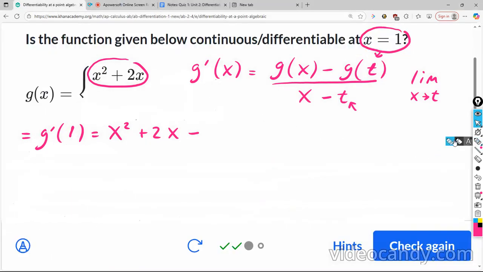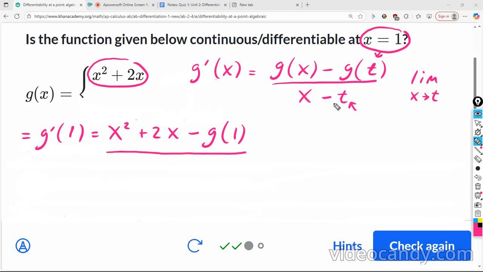All right. So g of x is x squared plus 2x minus g of t. So it's going to be minus g of 1, since t equals 1. And that's going to be divided by x minus t, or x minus 1. So we have x squared plus 2x minus g of 1.